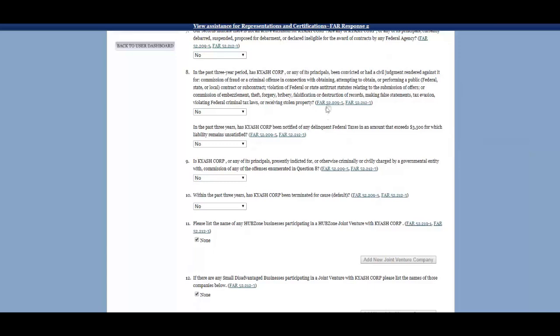And these are addressed by these two FAR provisions. We can easily answer no. See, isn't this fun, folks?